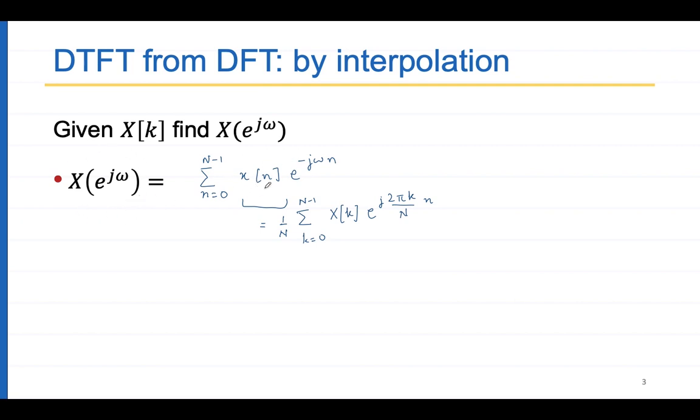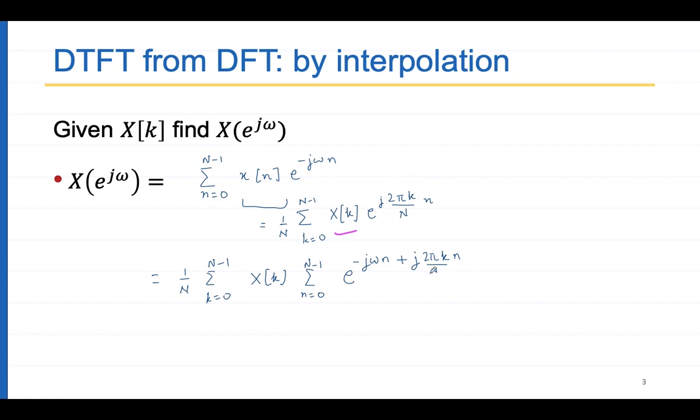Therefore I replace my x[n] with the inverse DFT of X[k]. Now if I substitute this value in this form and do a little rearrangement, I take the k summation outside and the n summation inside, basically X[k] is thrown out, and what I am now concerned with is this exponential e^{-jωn + j2πkn/N}.